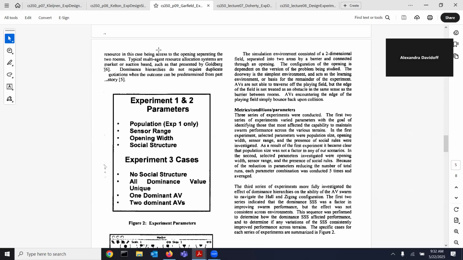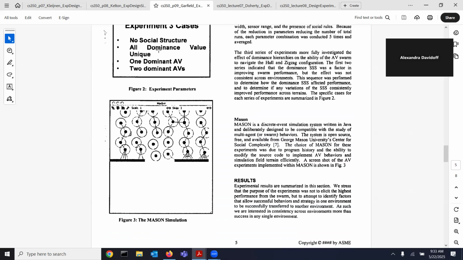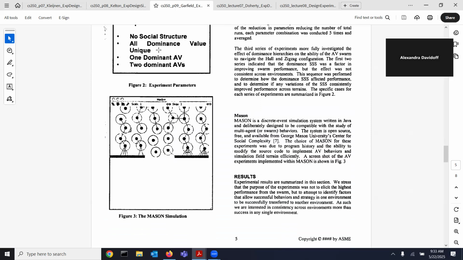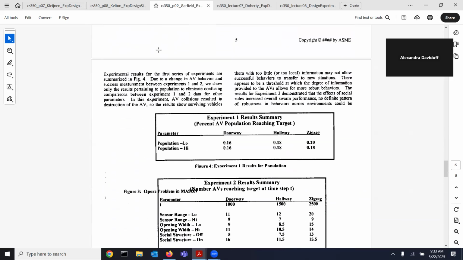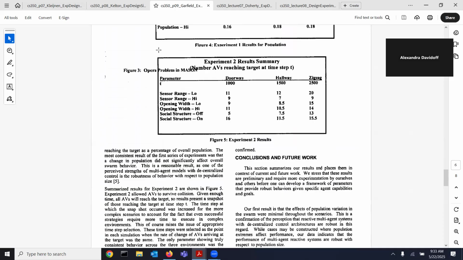I can't remember the results. There's a picture of what that looked like, and that little circle is basically their sensing radius. I forget what the results were. That's not important. I want to show you what the design looked like.